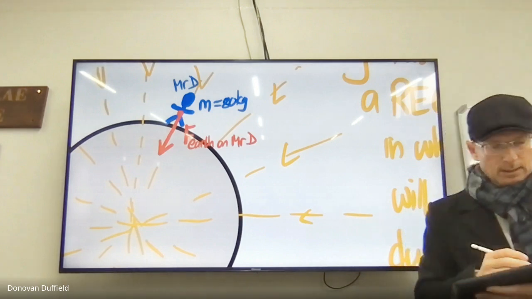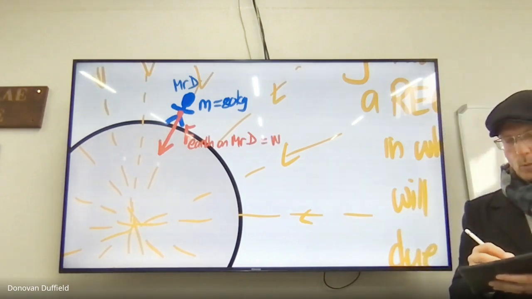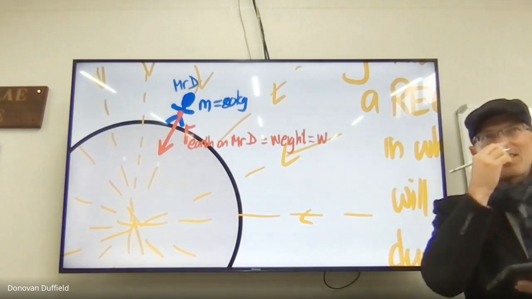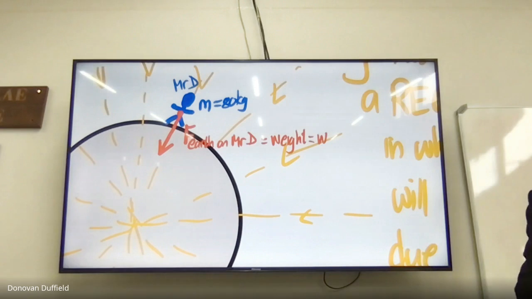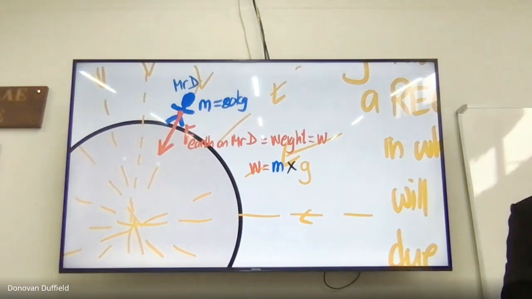So the force of the Earth on Mr. D, we called the weight, and we used a small w for weight. And we learned that the weight is the mass times the gravitational constant.